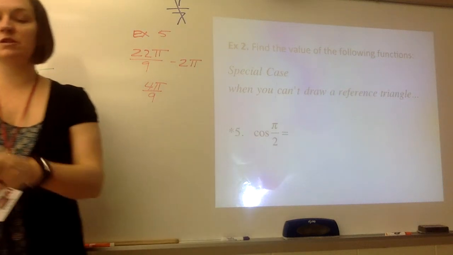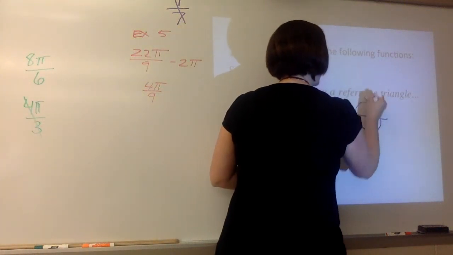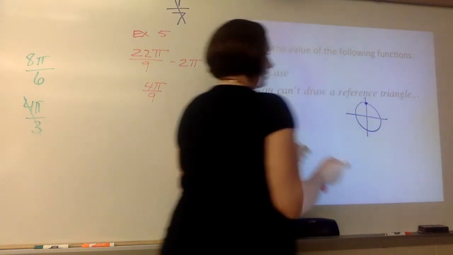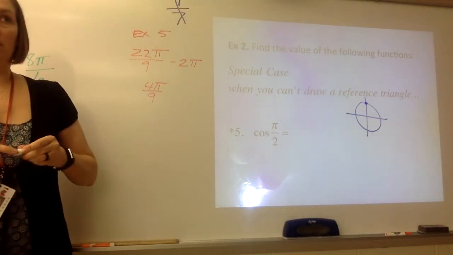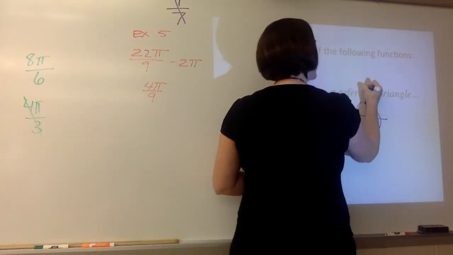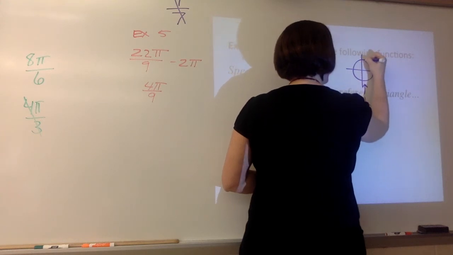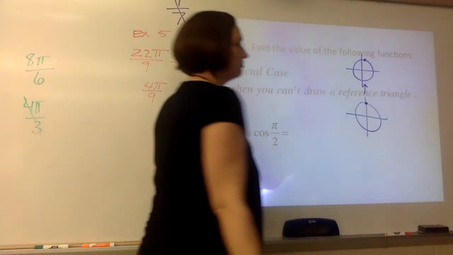At cosine of pi over 2, if we follow the same instructions, we draw a location, which is here. Now, theory-wise, I'm going to draw something else here. Think about going 1 degree off of center.